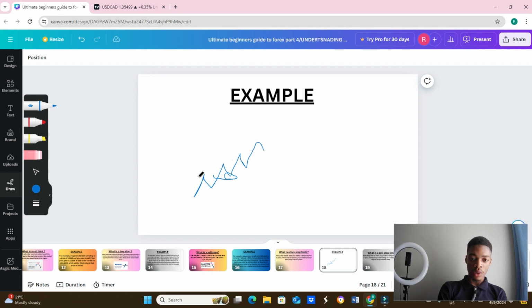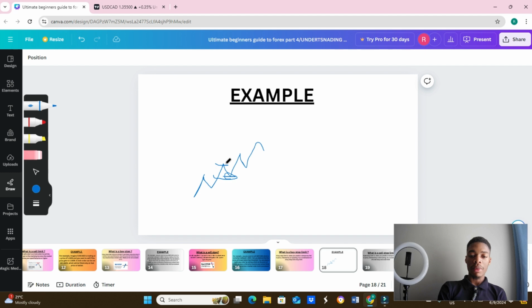Alright, so I would go like this. I would set a buy stop right here and a buy limit right here. Now remember, a buy stop limit is a combination of a buy stop and a buy limit. What is a buy stop? A buy stop is when price is continuously going up and you set a price higher than the current market price. So once price breaks that, you're automatically entered into a buy order.